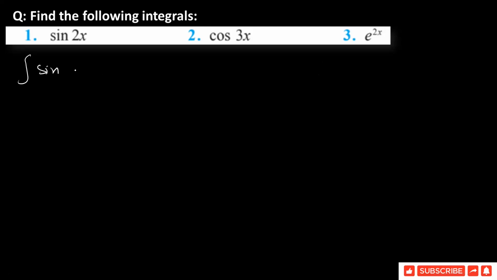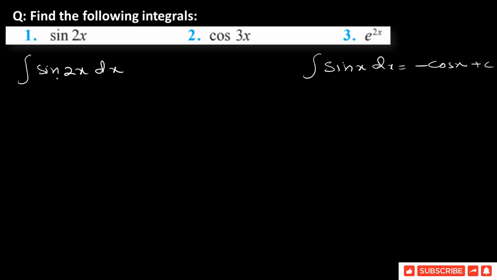Integral of sine of 2x dx. As per the formula we have learned earlier, the integral of sine x dx equals negative cos x plus c. But here it's not x only, we have 2 as well.